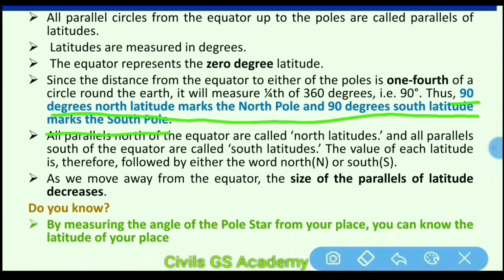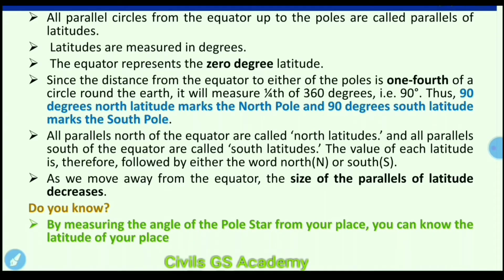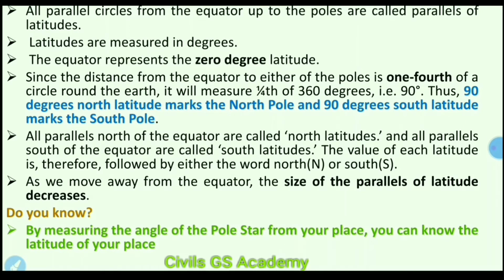This fact has already been asked in many examinations, that what is the latitude of the North Pole. All parallels north of the equator are called north latitude and all parallels south of the equator are called south latitude.